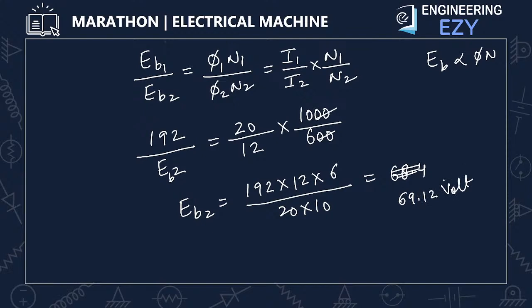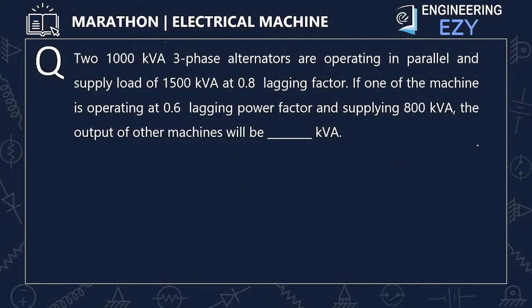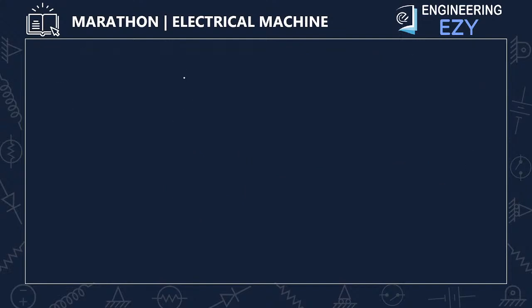Okay, Ashok is saying, sir, take the question of power. Ashok, definitely I will take the marathon of power system also. So Saturday I will take the marathon of power system. Tomorrow I am taking the marathon of reasoning and aptitude, or any other subject I can take.